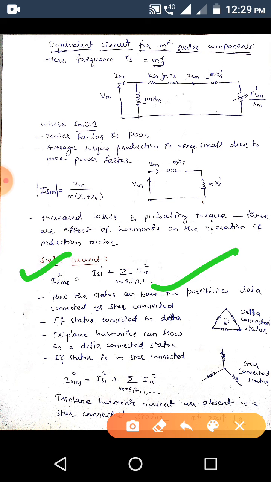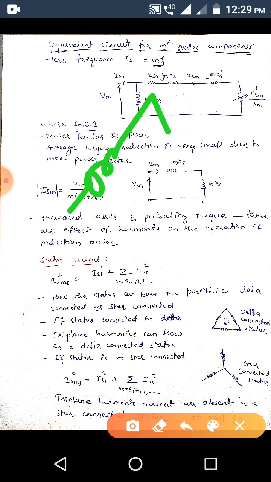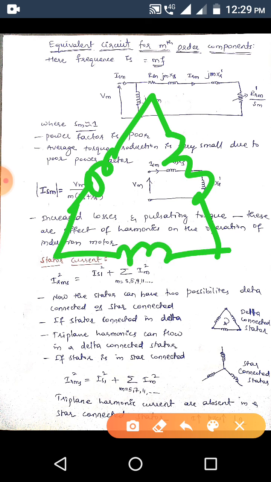This equation is suitable when we connect the windings in delta. Whatever stator we have considered, we are going to connect it in delta. When the stator rotates in the clockwise direction, the stator can have two possibilities.